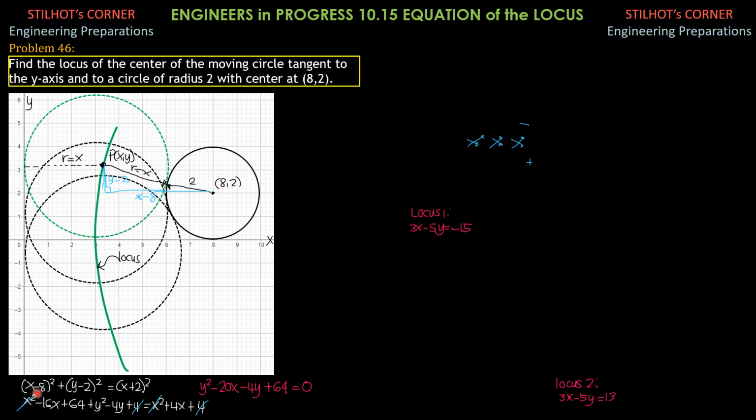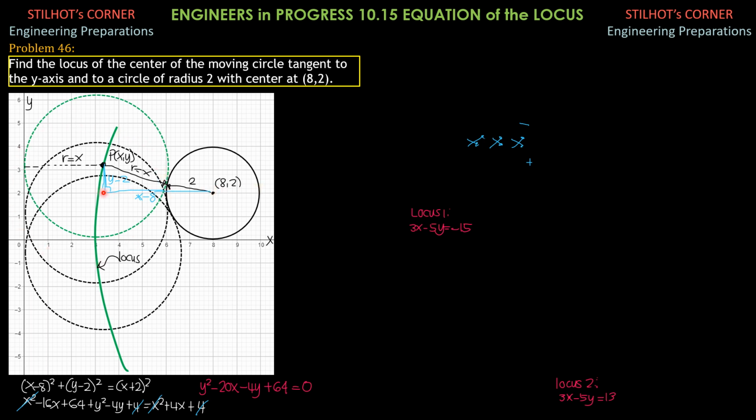Cancelling out x squared and 4, and simplifying, we have y squared, negative 16x minus 4x, so minus 20x, then minus 4y, then plus 64 equals 0. So that's the equation of the locus.